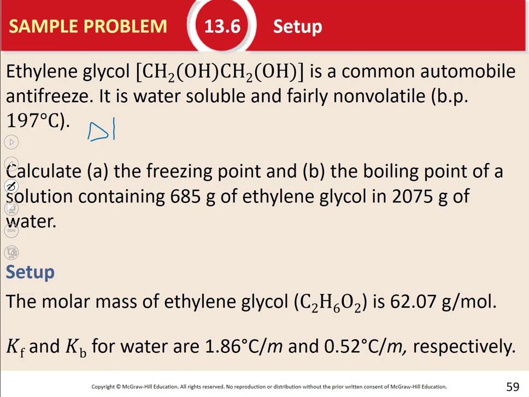Okay, back to what our equations were. Delta T boiling was Kb times molal, whereas delta T freezing was Kf times molal. So we have Kb and Kf here. Now we need to know what m, the molal, is.